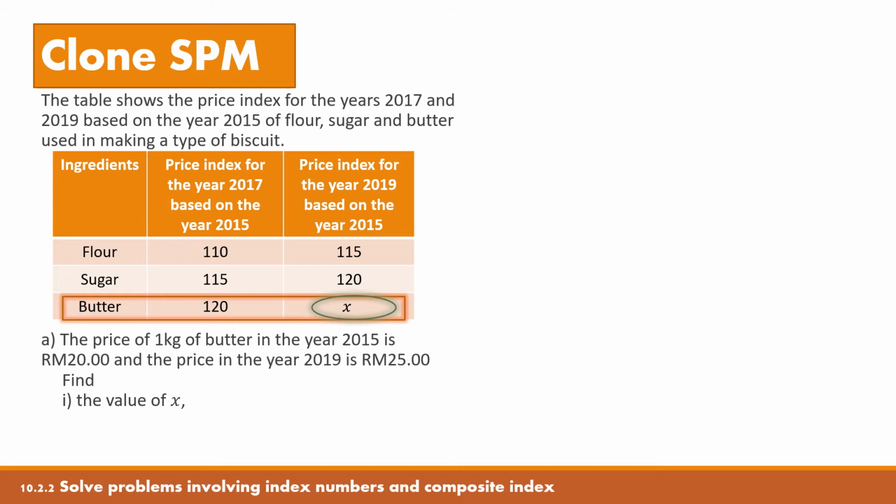So by using the formula of the price index, X will be the price of 2019 over the price of 2015 multiplied by 100. By substituting the ringgit values for these 2 years, 25 ringgit over 20 ringgit multiplied by 100, I will get my value of X, which is equivalent to 125.